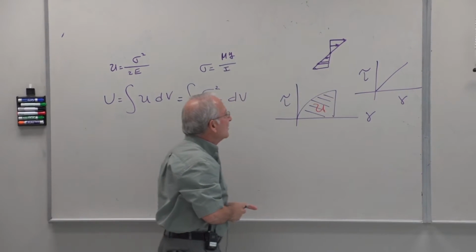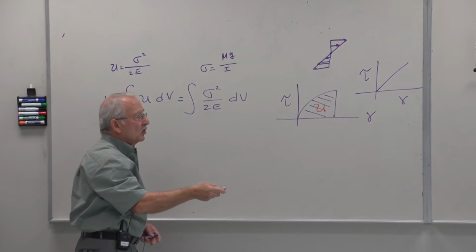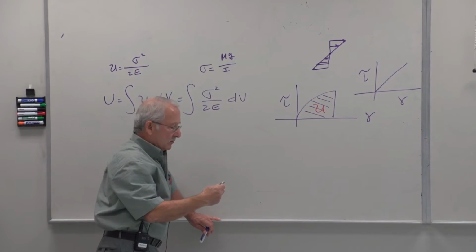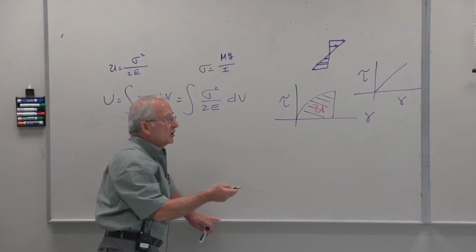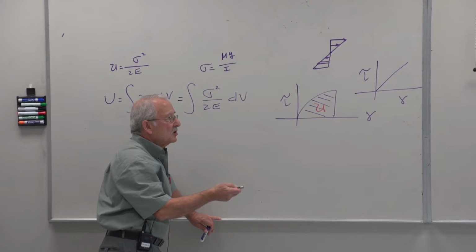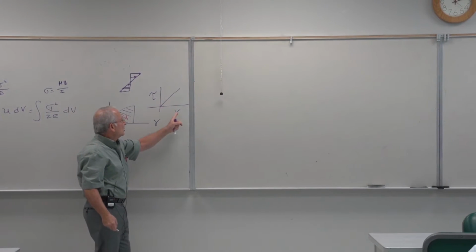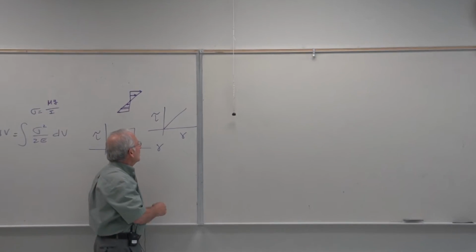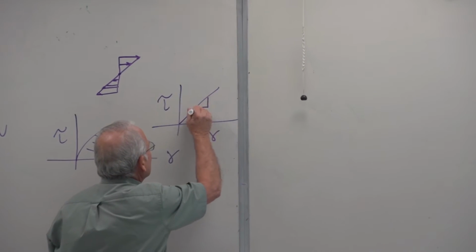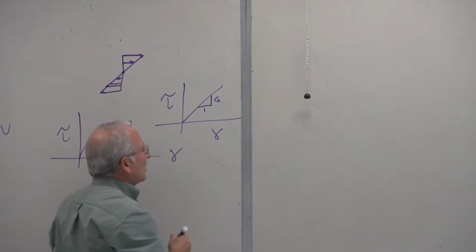And therefore, in the equation for the calculation of area under the stress strain diagram, we can substitute for tau G times gamma, G being the modulus of rigidity, also called shear modulus.